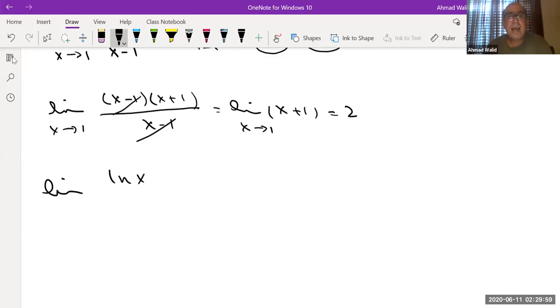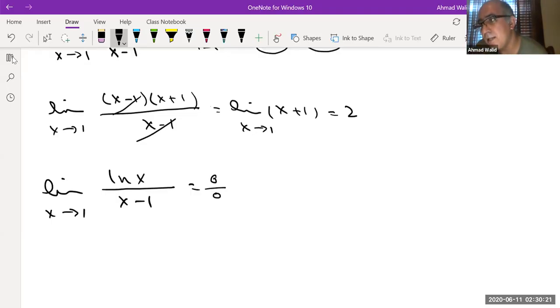But now, if I give an example, for example if I ask you to do the limit of ln x over x minus 1 as x approaches 1, if you plug in 1 here, it gives you 0 over 0 again, right? But with the methods that you learned in calculus 1, you cannot factor, or you cannot divide by the highest exponent of the denominator, which was another method that you learned in calculus 1.